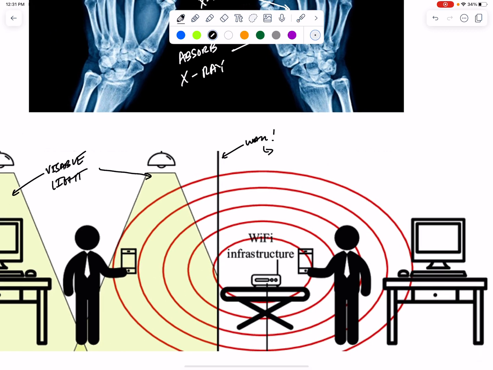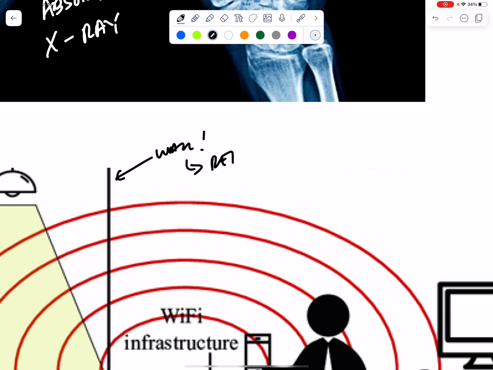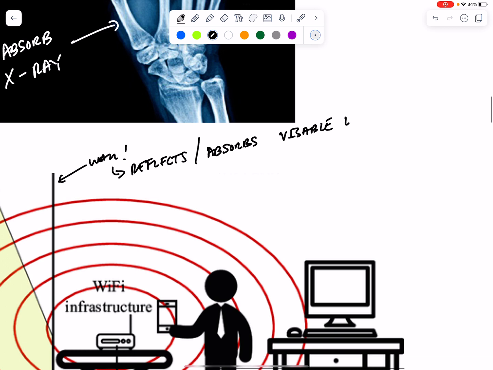So the wall reflects and absorbs visible light, and it transmits Wi-Fi, which is another type of light.